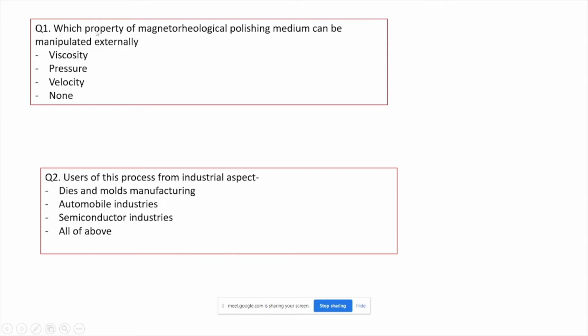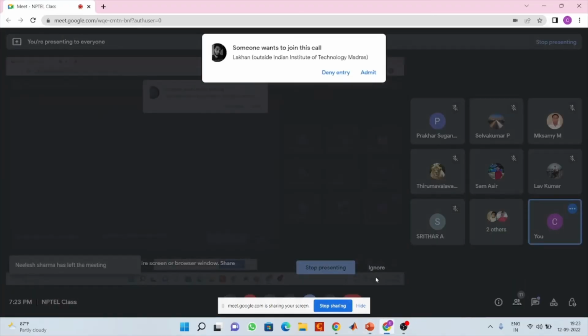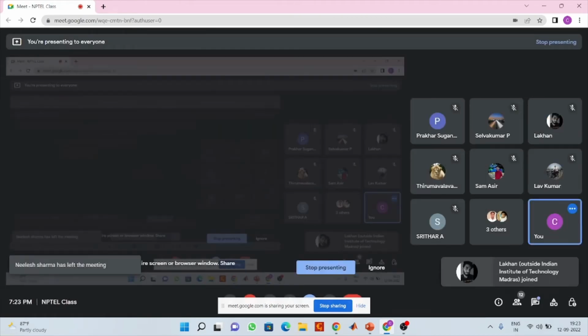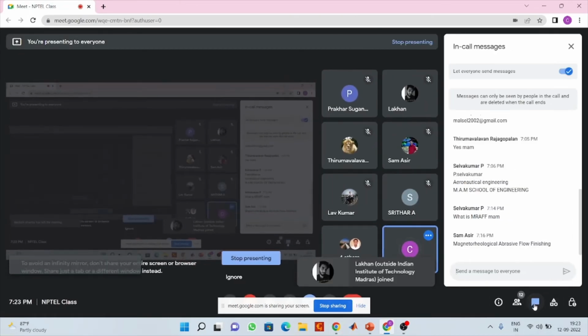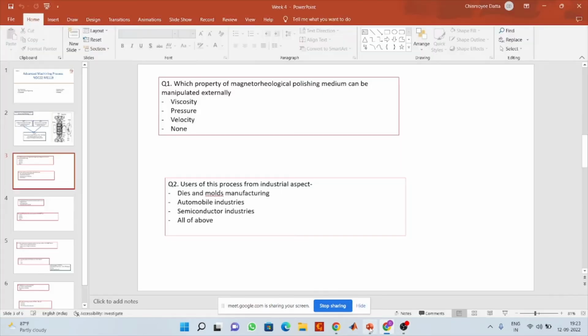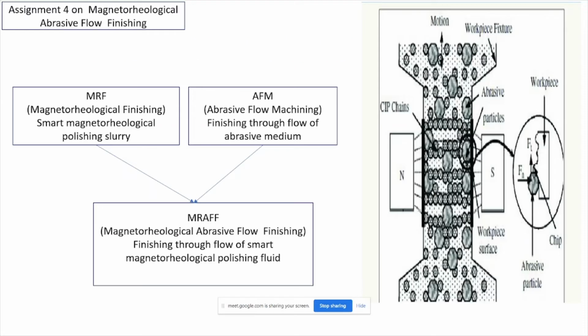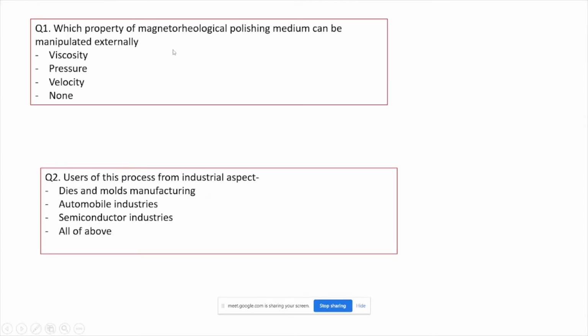So the right answer will be viscosity, isn't it?